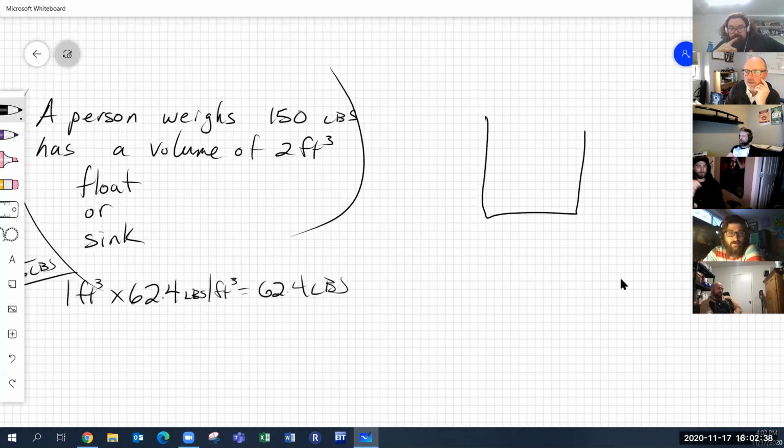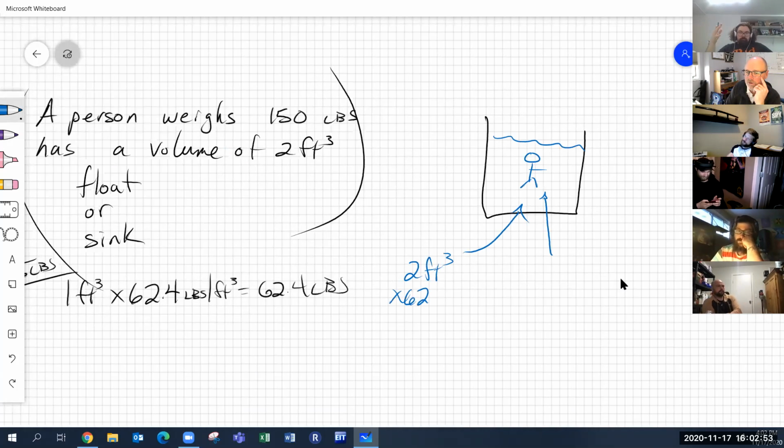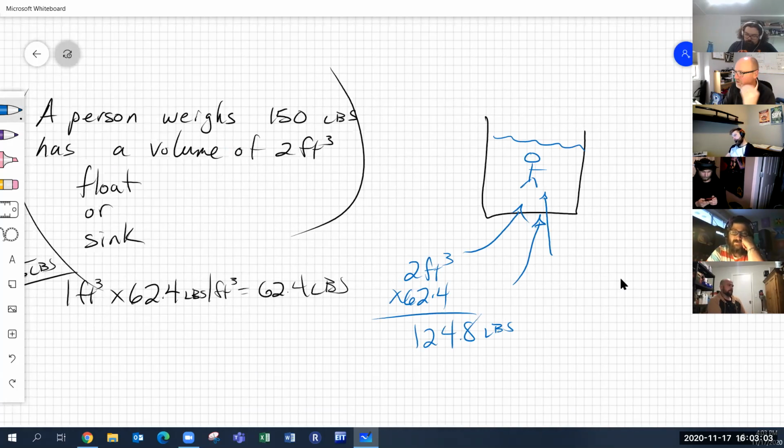So in the swimming pool, this person is in there. There is a buoyant force pushing up on this person according to their volume. They would sink, so that's only 124.8 pounds of buoyant force. This person weighs 150, so they're going to sink.